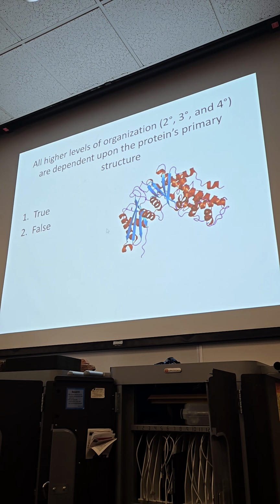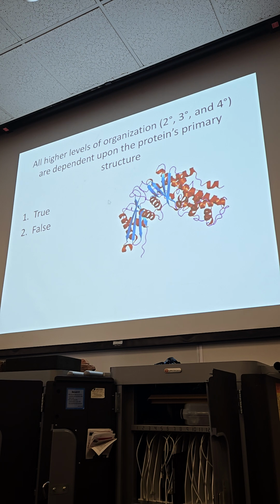Organization dependent on the protein's primary structure. I'm going to say true. I would say true. I don't know. I think they do depend.